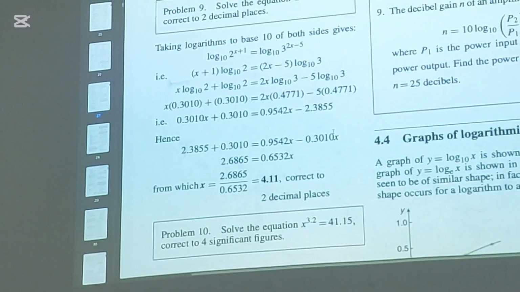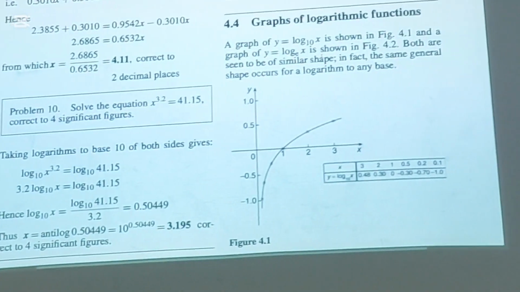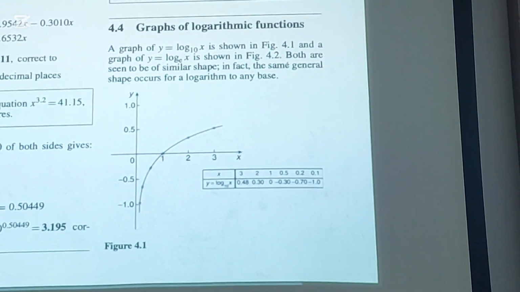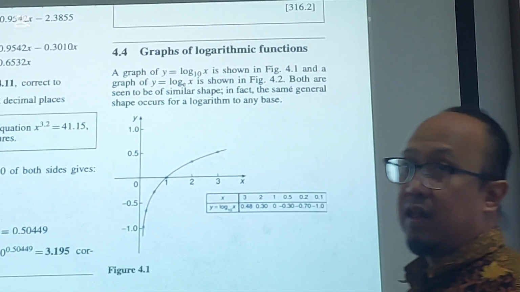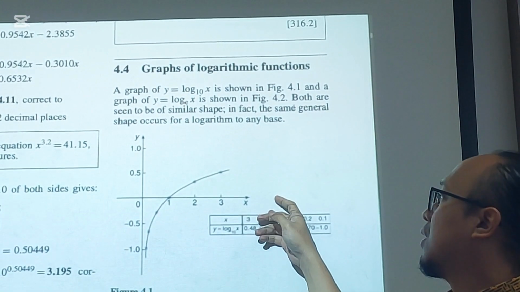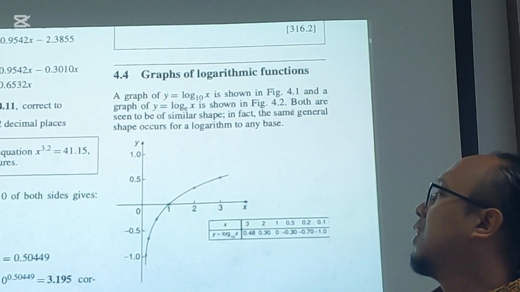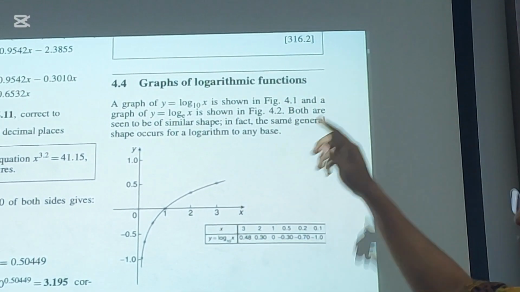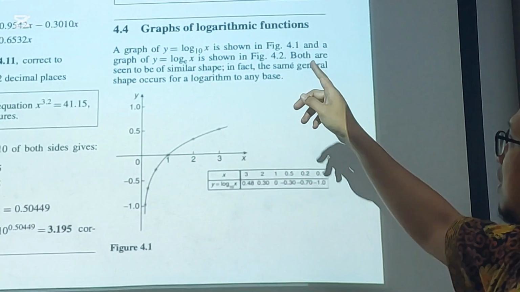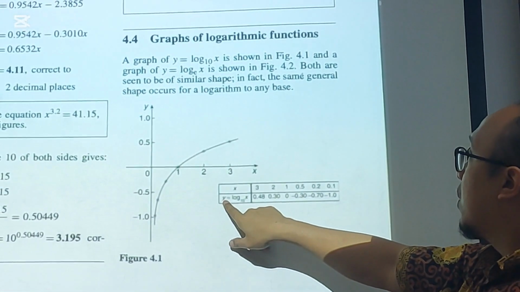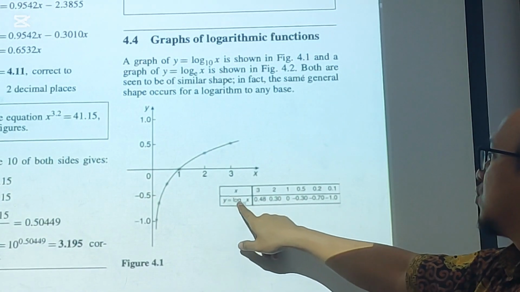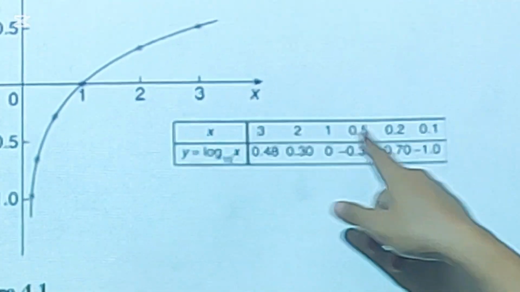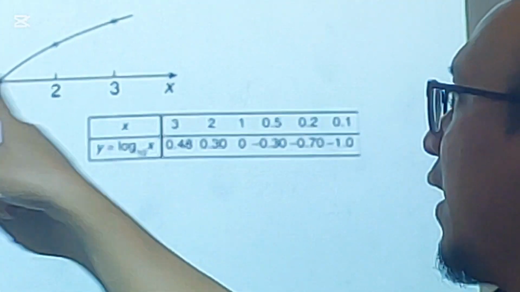Okay. Let's go to the graph of the logarithmic function. In a Cartesian coordinate, you can use x coordinate and y coordinate. This is the Cartesian coordinate. You can plot and make a graph of your logarithmic function. For example, the logarithmic function y equal to log x. You can use many values of x.